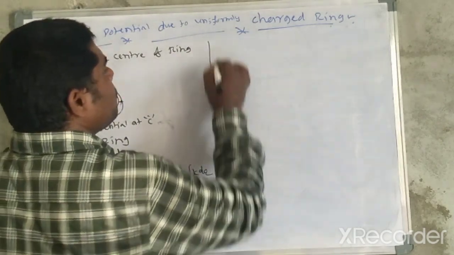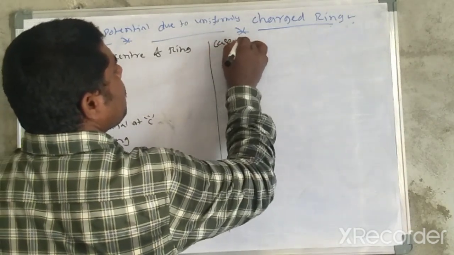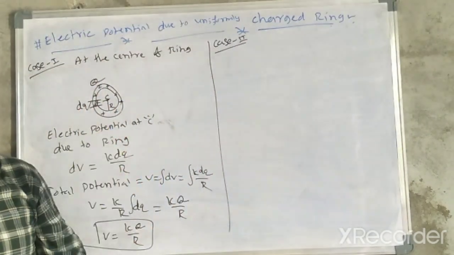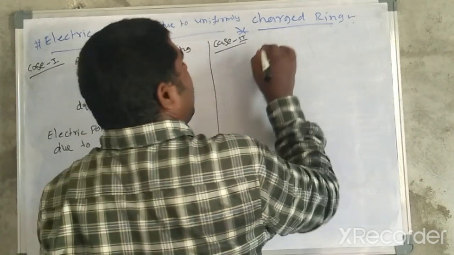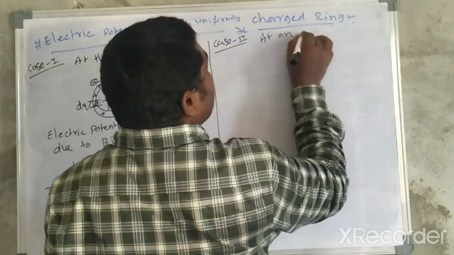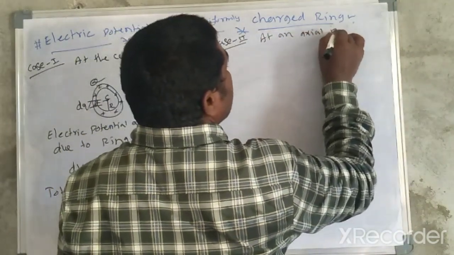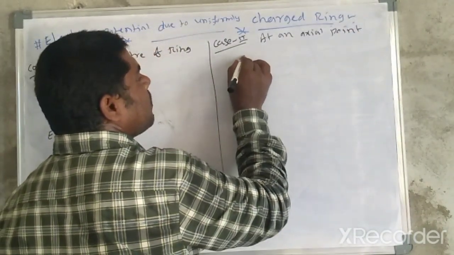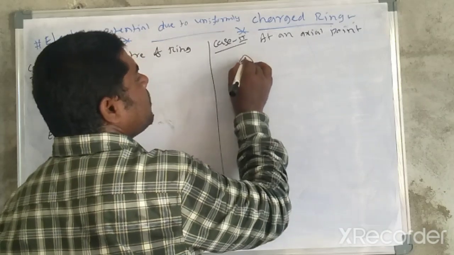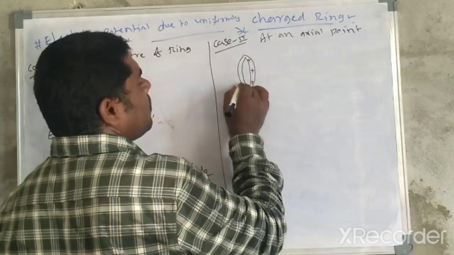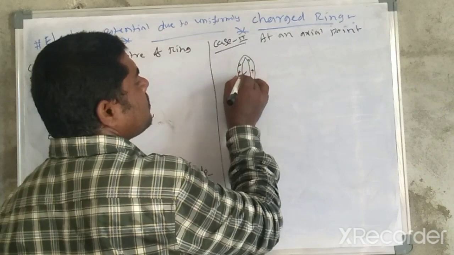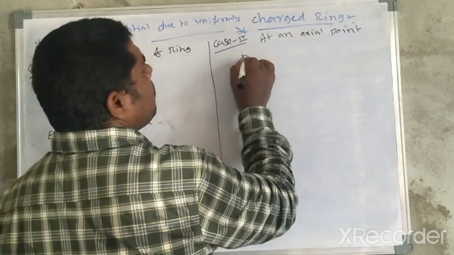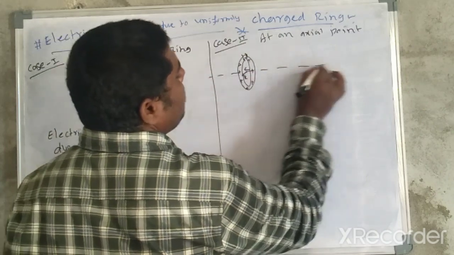Case number 2: at an axial point. Let us consider a uniformly charged ring of radius capital R. This is the point C, and this is the axial line.